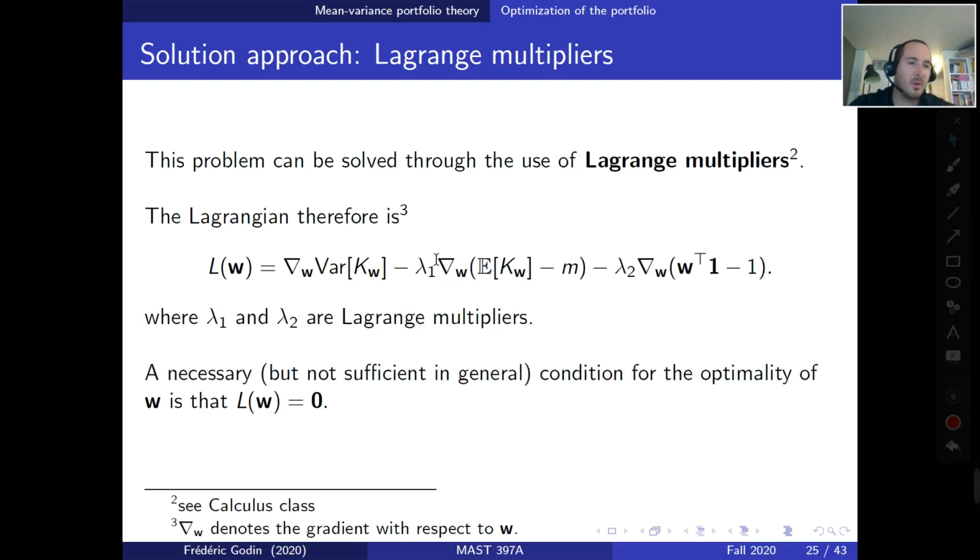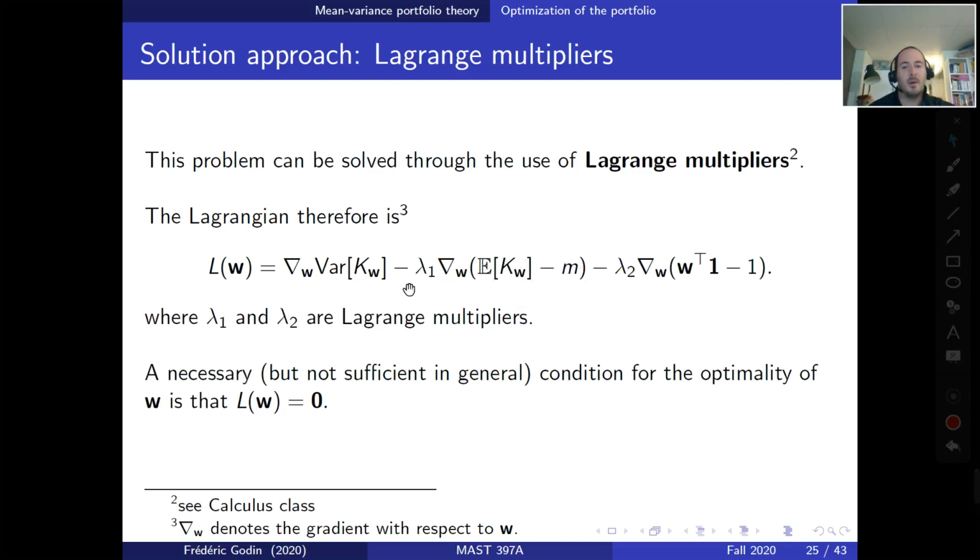Here lambda 1 is the first unknown constant, known as the Lagrange multiplier, times the gradient. And here we use the first constraint, the quantity that must be set equal to 0. Since the expected return must be equal to M, this difference must be equal to 0.